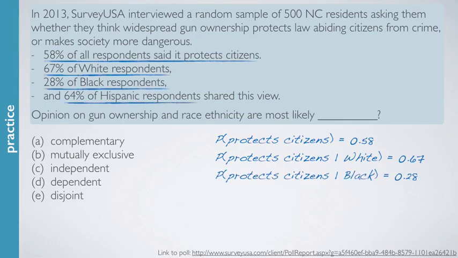And lastly, if the resident is Hispanic, the probability that they believe that guns protect citizens is 0.64. Since the probabilities of thinking that guns protect citizens vary greatly based on the person's race or ethnicity, opinion on gun ownership and race ethnicity are most likely dependent. So knowing somebody's ethnicity might actually give us useful information about their opinion on guns, and therefore we're saying that the two variables are most likely dependent on each other.